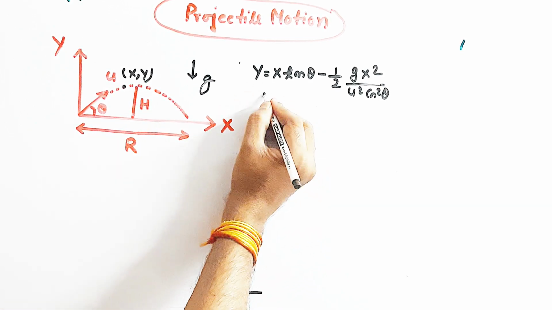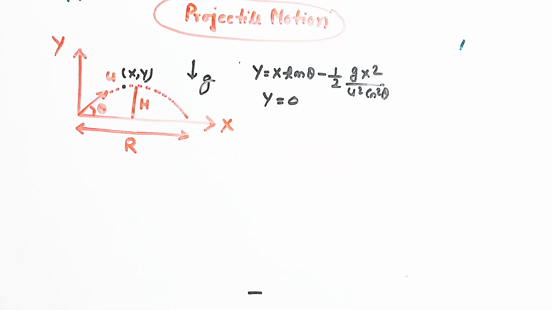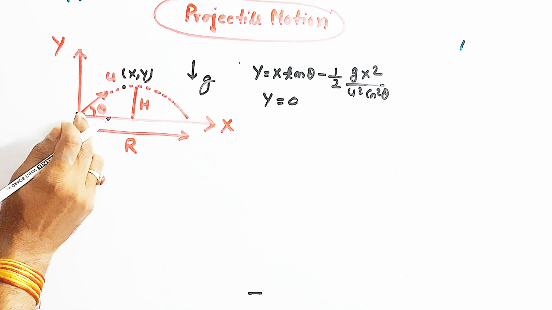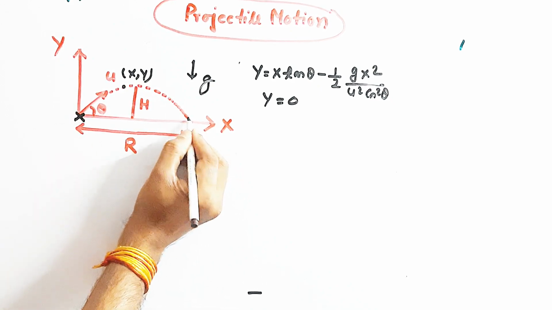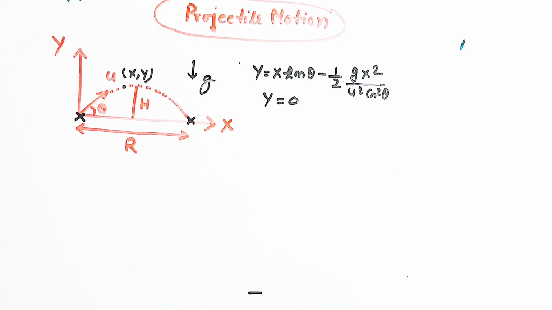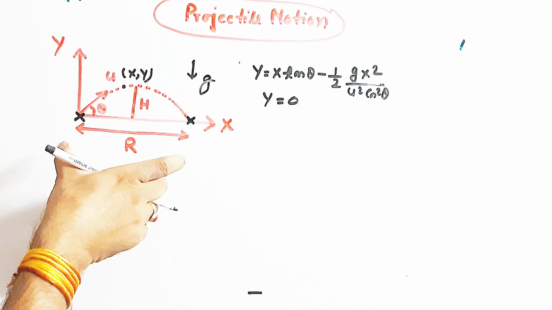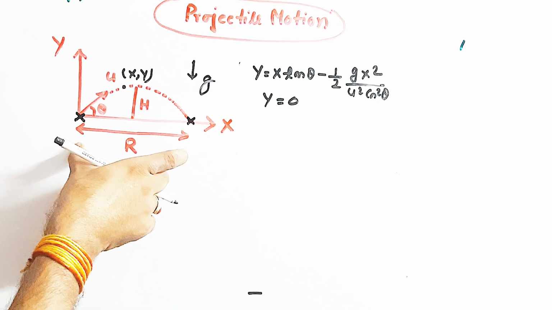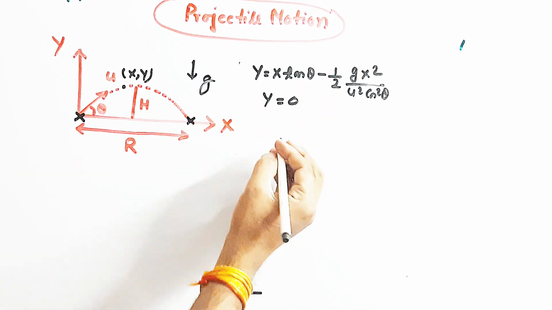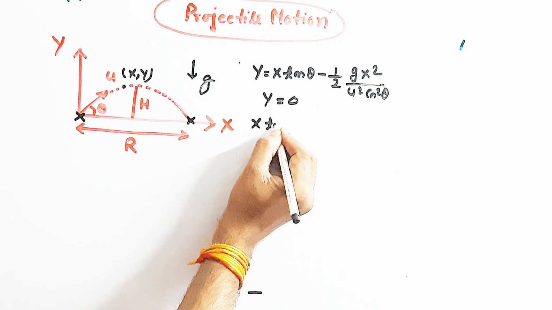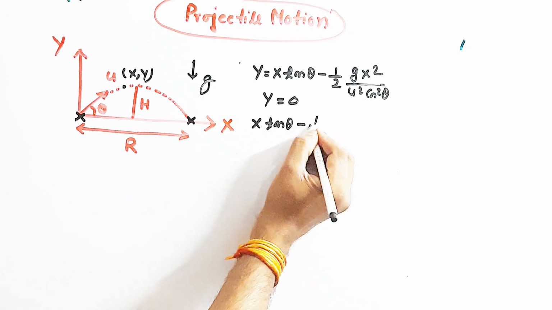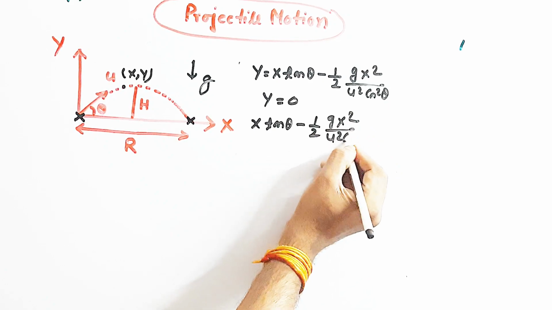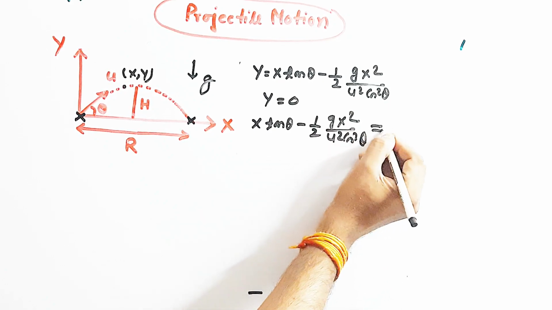If we put y = 0, you will get two points. One point is here, the x coordinate of the initial point, and the second x coordinate will be the final point, and this x coordinate will represent the range R. So if you put y = 0, you get x tan theta minus half g x square divided by u square cos square theta equal to 0.